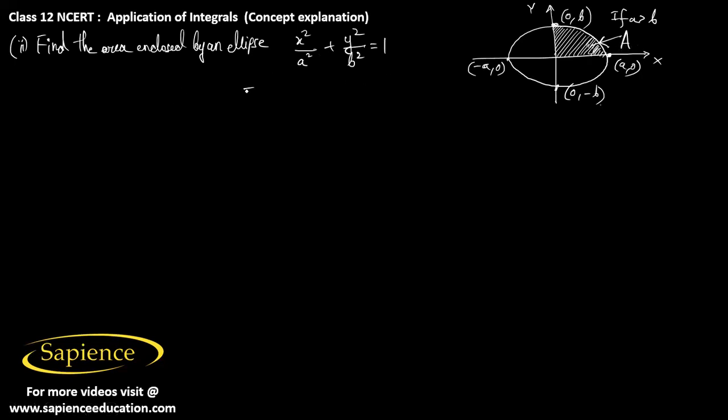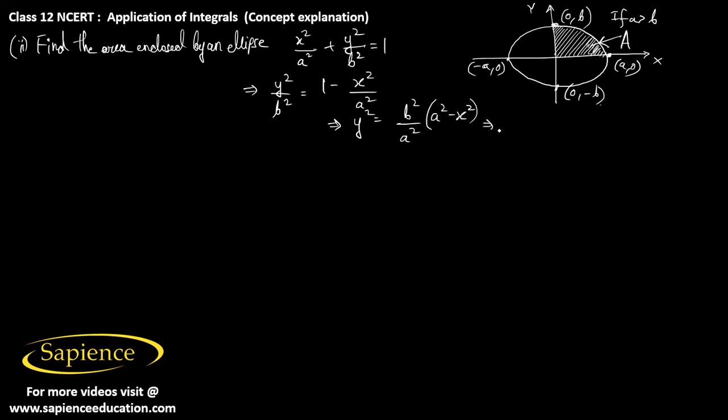So now if we solve it and find out the expression of y in terms of x, then we will get y square by b square will be equal to 1 minus x square by a square. So y square will be equal to b square by a square, we can write, into a square minus x square.